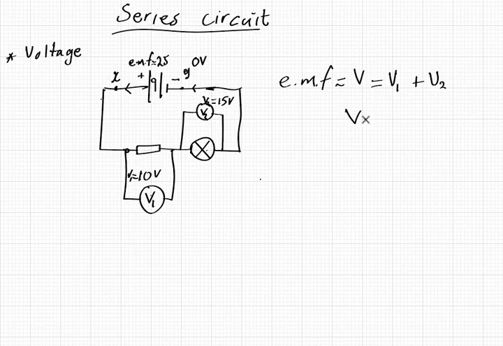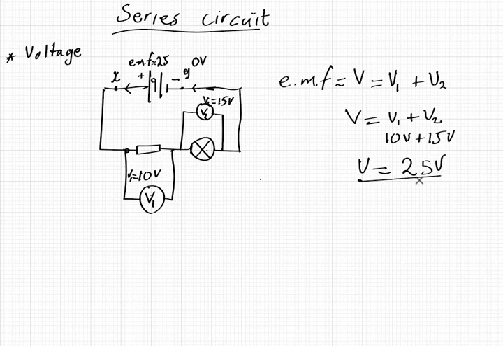Inserting values, 10 volts plus 15 volts. Therefore, V is equal to 25 volts. See, that's how it is. So this is voltage in a series circuit. You just add them.